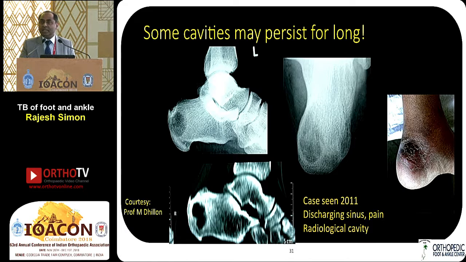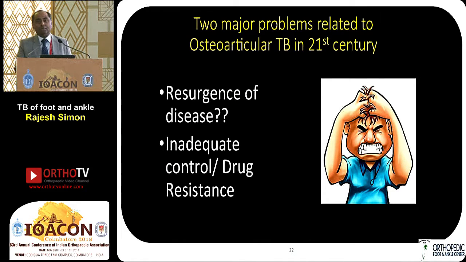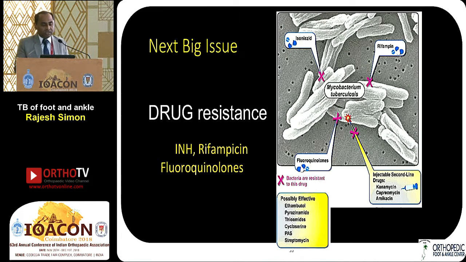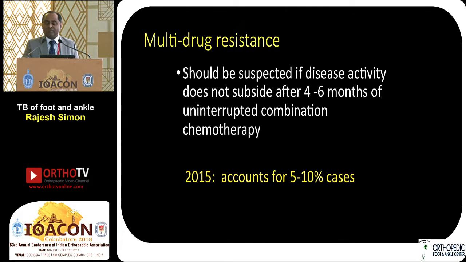At times the lytic lesion doesn't go away, but the patient is completely symptom-free, and you just leave it alone and don't bother about that lytic lesion. The problem today is the resurgence of disease, especially in immunocompromised HIV patients, and the drug resistance, which we've already heard about. We have to look at this big problem of drug resistance.